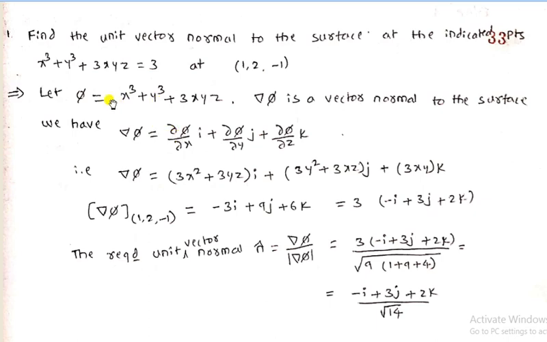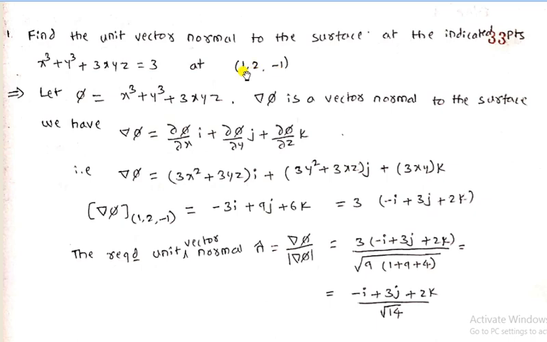So differentiation of phi with respect to x is 3x square plus 3yz into i, plus phi with respect to y, so 3y square plus 3xz into j, plus phi with respect to z, so 3xy into k. Which gives the del phi. Now we use the given point 1, 2, minus 1.